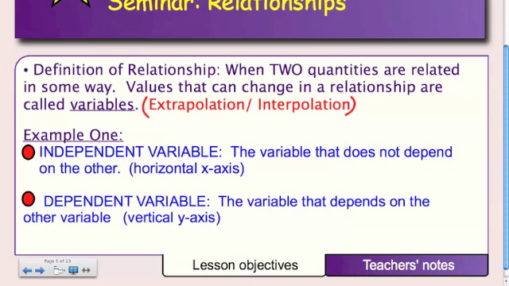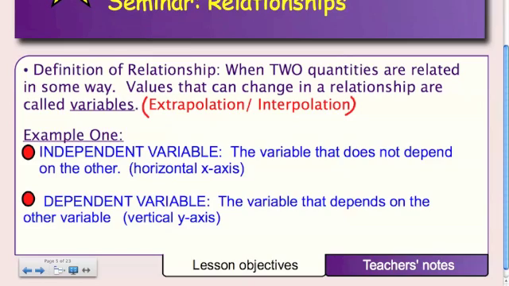But for example, your height. If we're tracking the height of a child, are you going to shrink as time goes on? What's going to happen? Well, at least until you're a teenager, what's going to happen to you, Angie? You're going to get taller. But your height is a dependent variable because it depends on time.